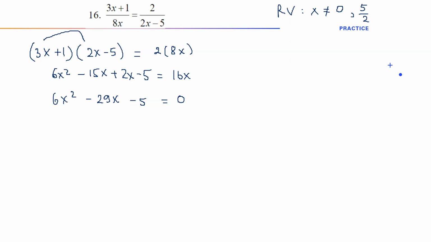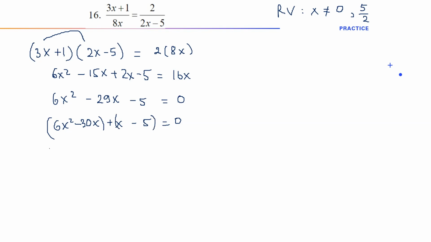Two numbers multiply equal negative 30, add up to negative 29, so we will have 6x squared minus 30x plus x minus 5. Group the first two and the last two.